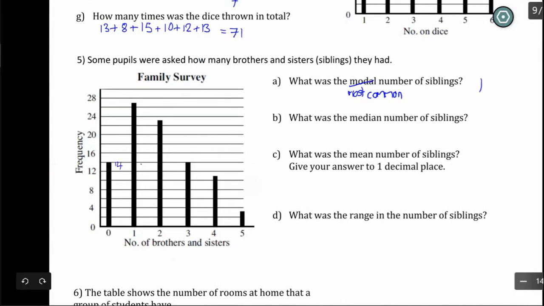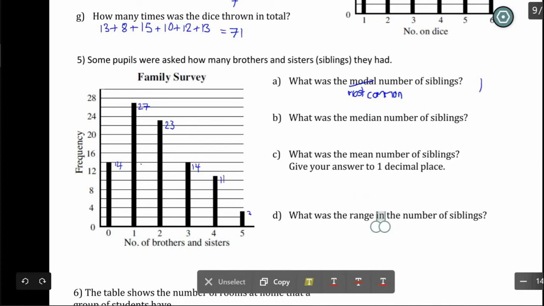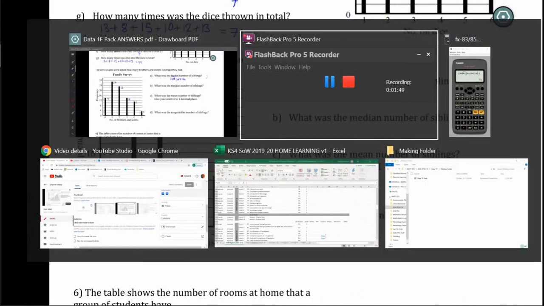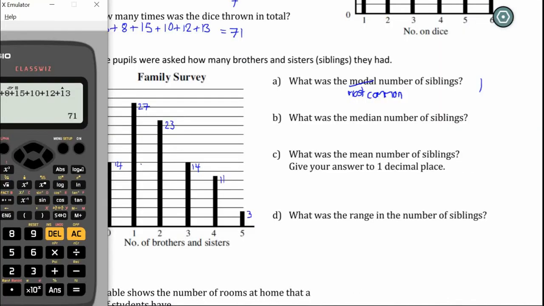27 people had 1 sibling. 23 people had 2 siblings. 14 people had 3 siblings. 11 people had 4. And 3 people had 5. Okay, so we need to find out how many people were asked altogether. So I'm going to add those up.